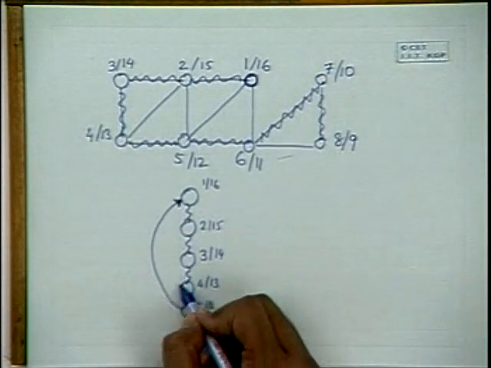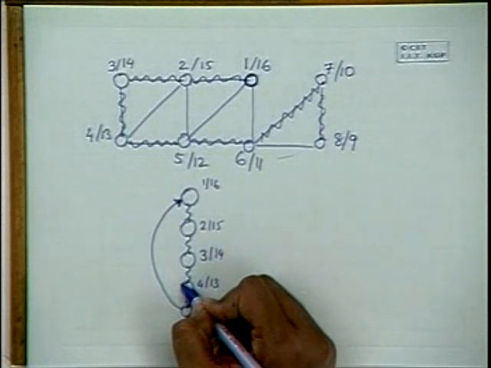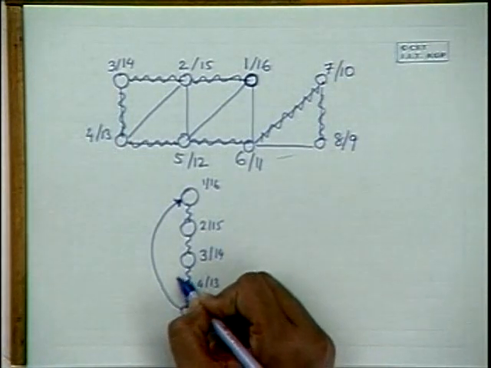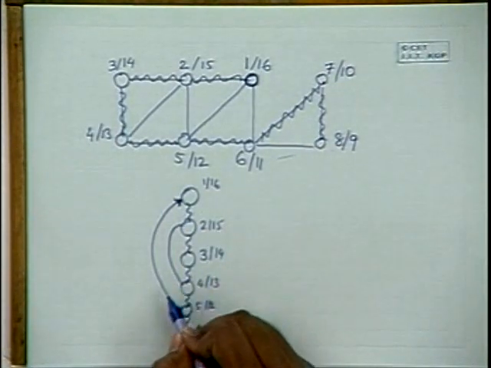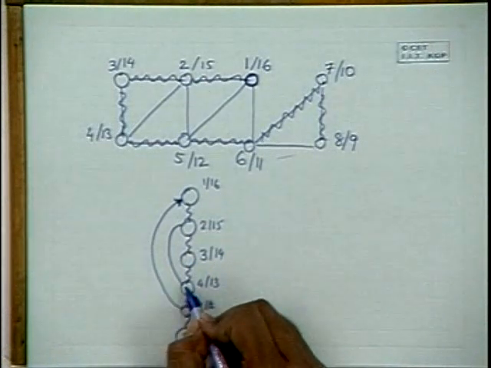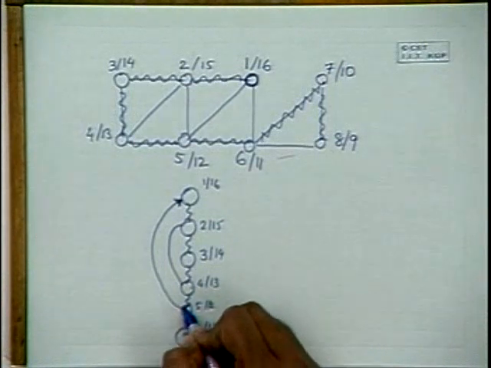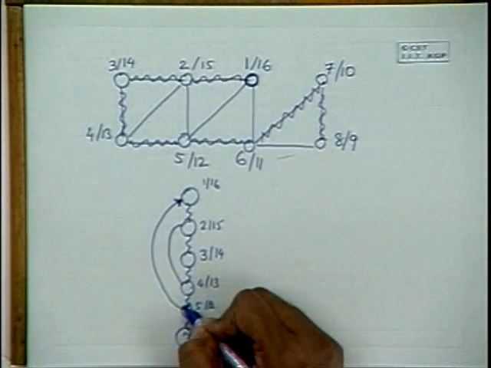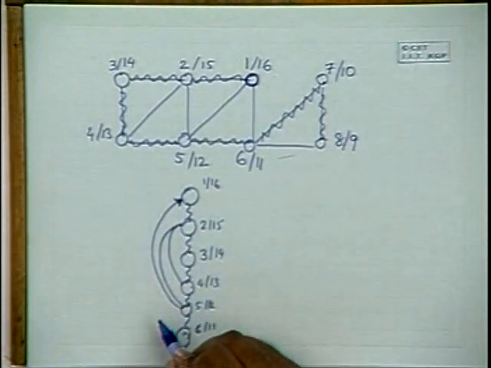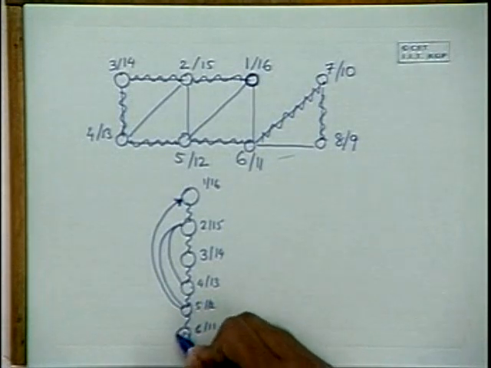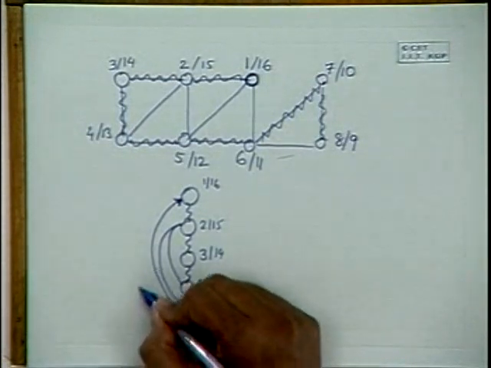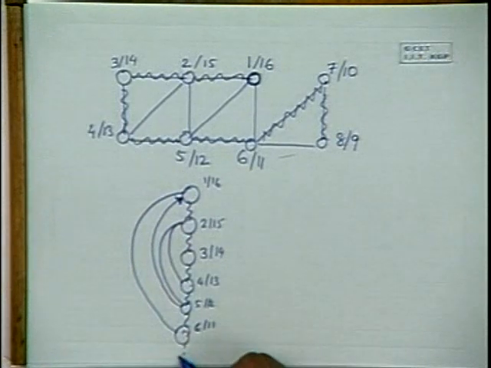Similarly 4 to 13, there is an edge to 2 to 15. Then 3 to 14 there is none. Then 5 to 12, there is one more edge to 2 to 15. Then 6 to 11, there is an edge to 1 to 16. So there are some more edges.